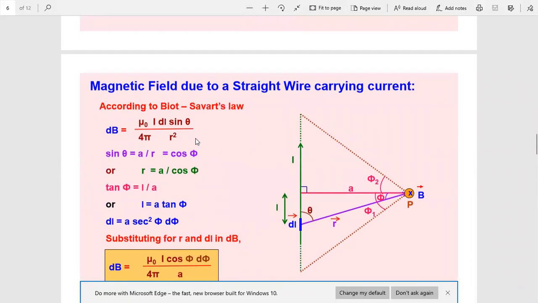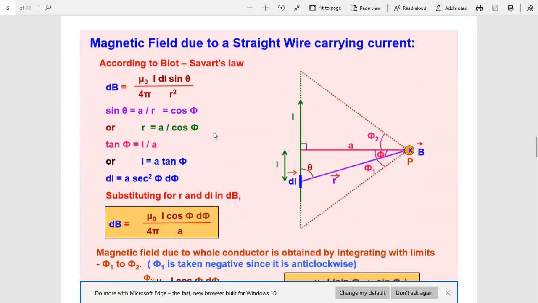Now come to the application of Biot-Savart law: magnetic field due to a straight wire carrying current.